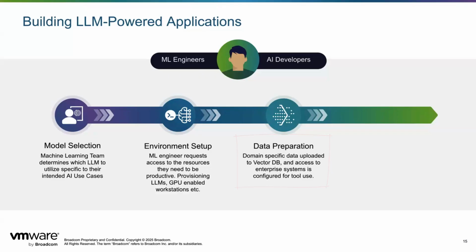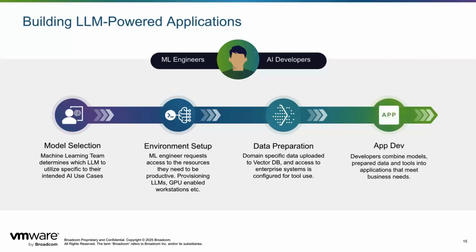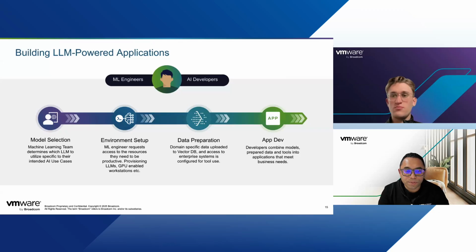And then finally, once I've done all of those things, I can start to combine all of these different tools and systems together into an application. Right, so in this example, model selection and environment setup is performed by the ML engineer persona, and then AI developers do the other bits, data preparation and app dev. Is that how it is? It's an emerging ecosystem, depending on how large an organization it is.